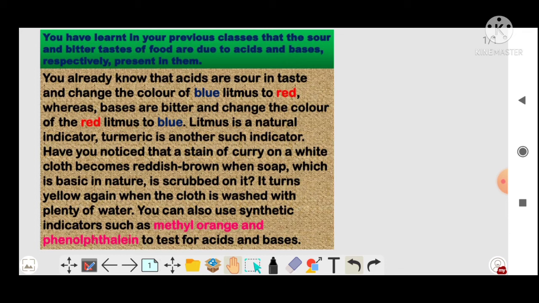So litmus is a natural indicator. Turmeric is another such indicator.